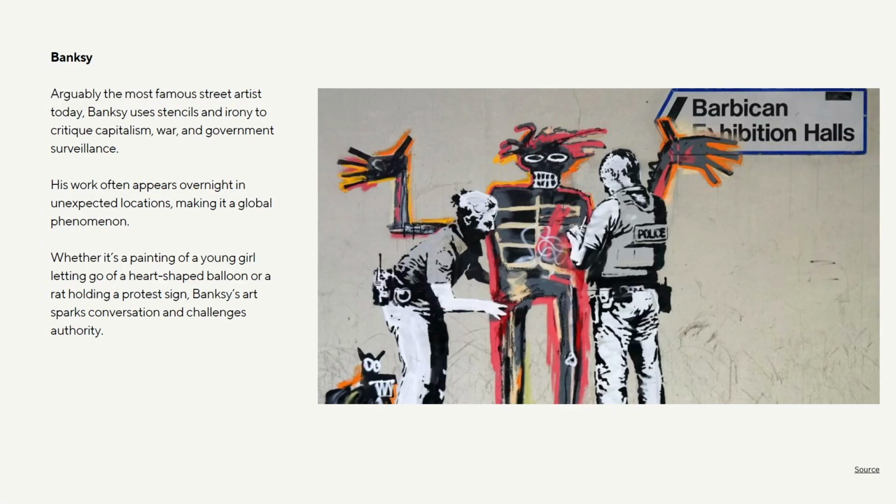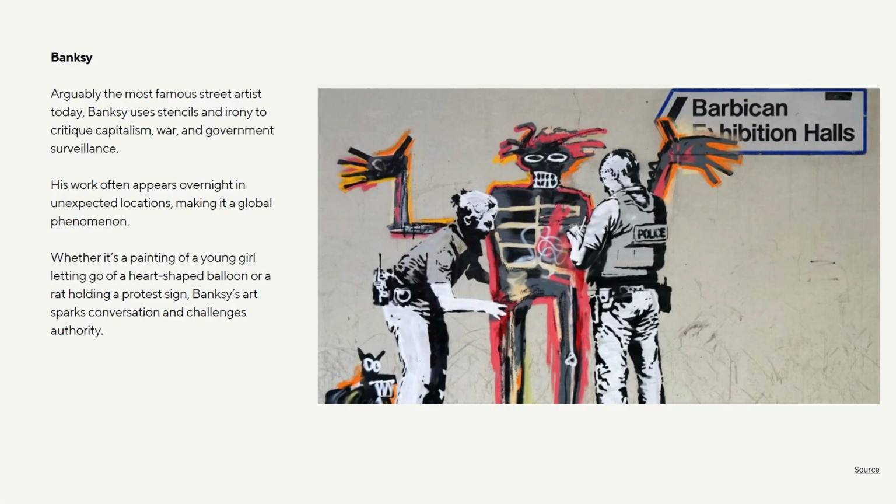And I said we'd be revisiting the Basquiat piece here again. He's using stencils and irony to critique capitalism, war, and government surveillance. His work magically appears overnight in unexpected locations. And this is great for social media because you can see the pop-up style with that.